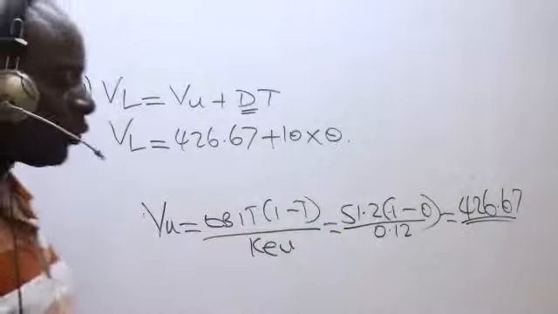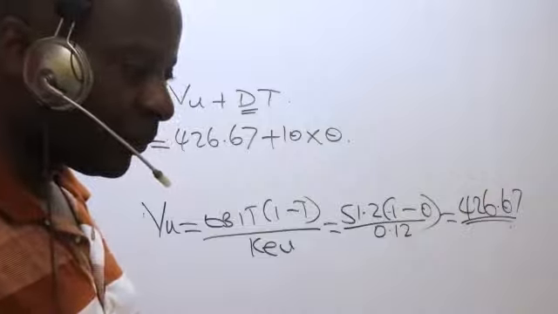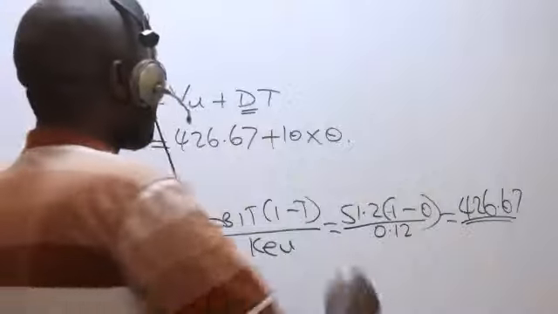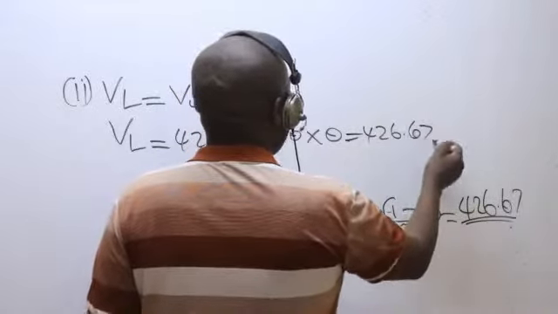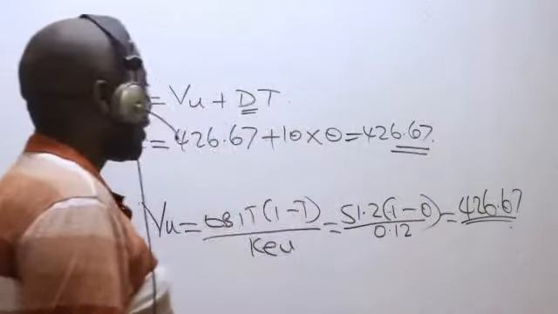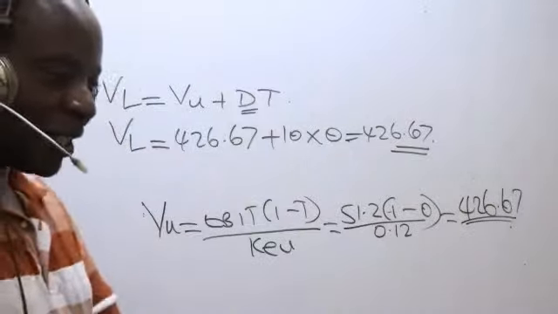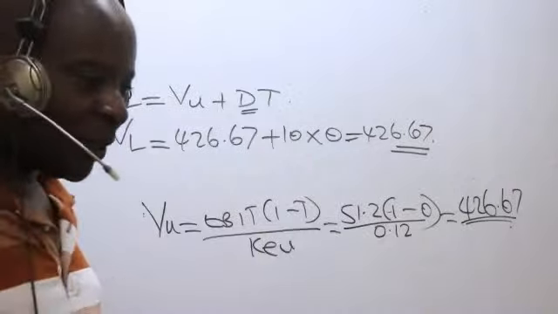So at the end of the day, what figure are we getting? Some of you have slightly different figures. Are you able to see where you went wrong?